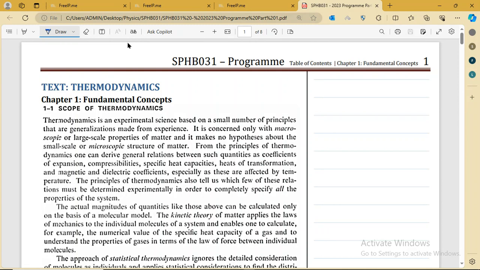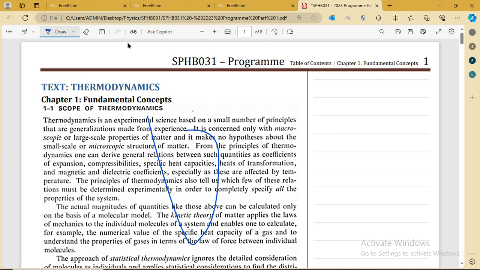So, with thermodynamics, in order to get higher grades or the grades that you desire, you have to actually go through this text.